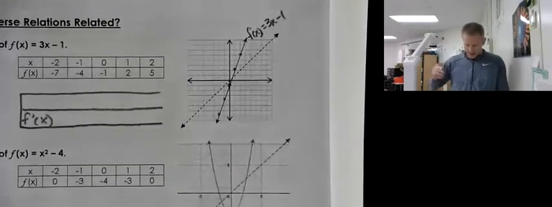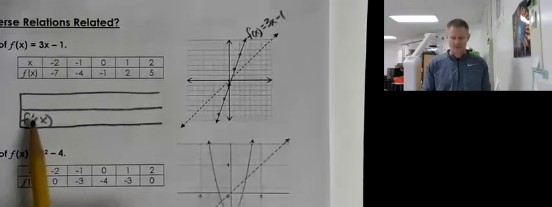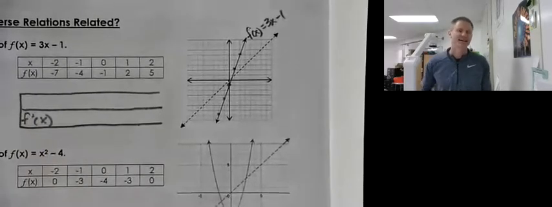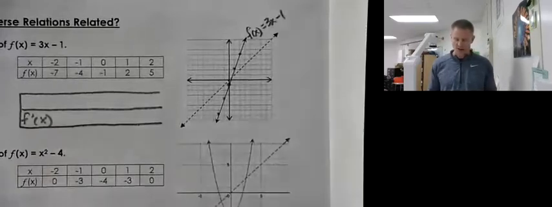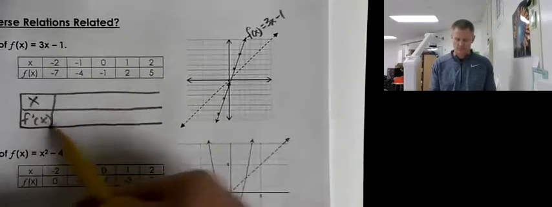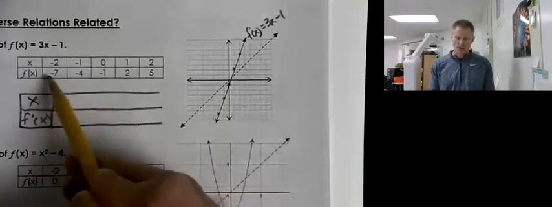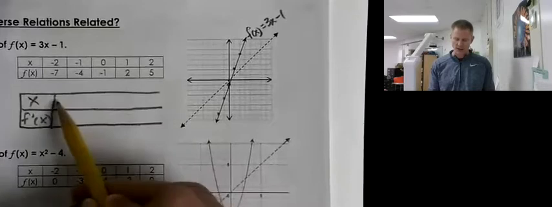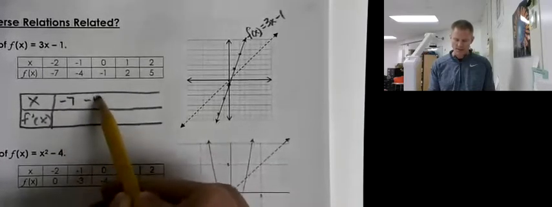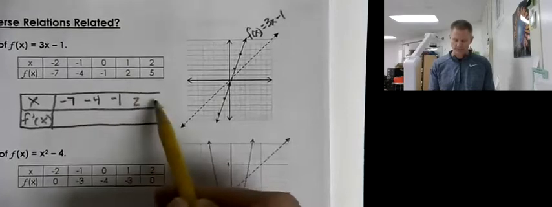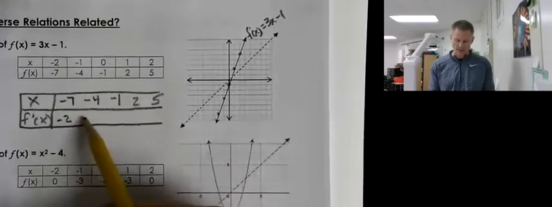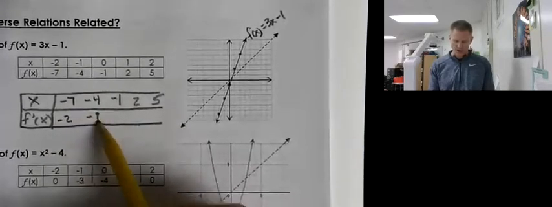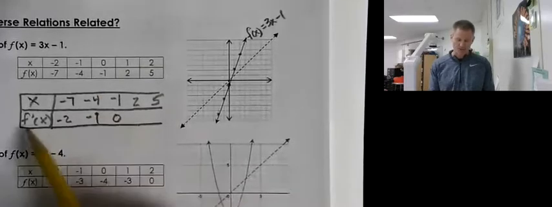We put a little apostrophe, a little mark up above the f to show that this is the inverse, kind of like prime when we talked about in geometry. So what used to be the function or the y values is now going to become the x values. And what used to be the x values are now going to become the y values, or in this case, f of x, f prime of x.